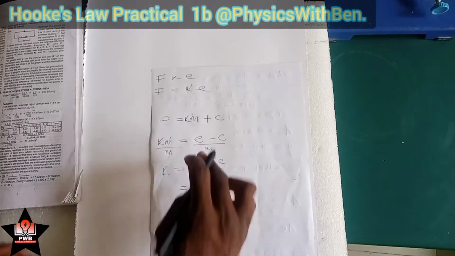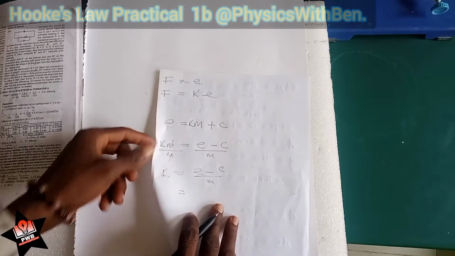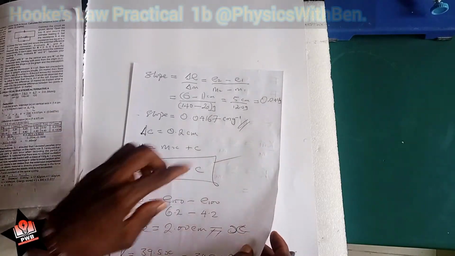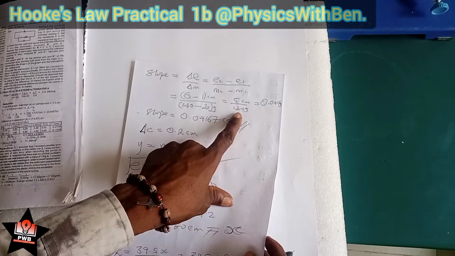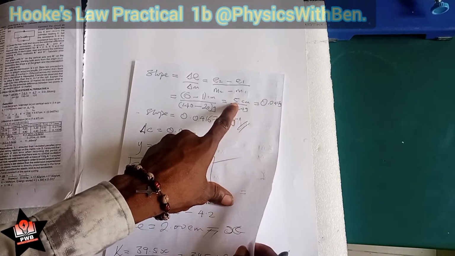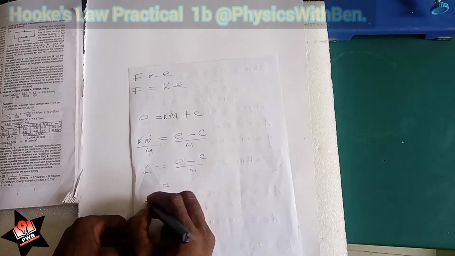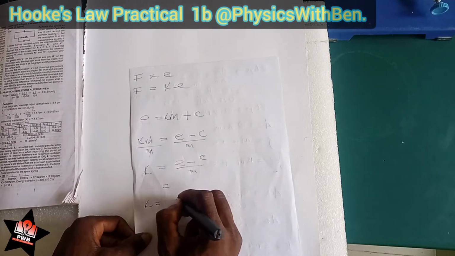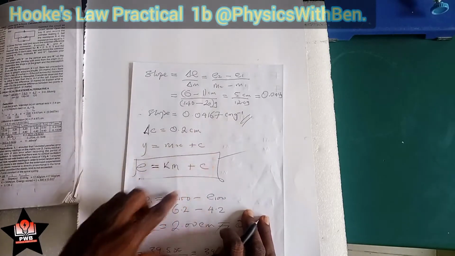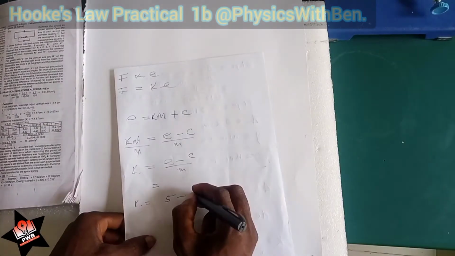And this E, we can get it from the graph. We can come right here and get our E. 5 is our E. You can choose this 5 to be your E. So in this case, we have K is equal to 5 minus, our intercept is what? 0.2. 5 minus 0.2.